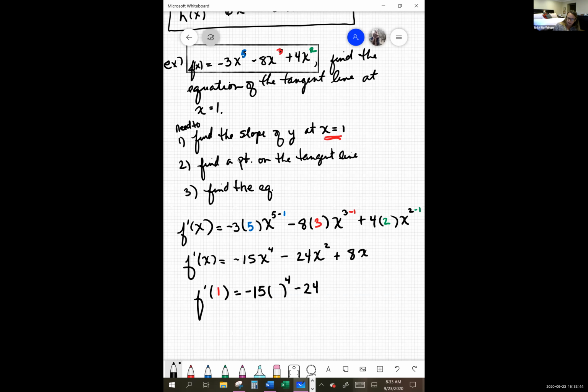You see an x there, put parentheses, we're going to cube that, plus 4. Have an x there, we're going to put a parentheses and then square it. So we got negative 3 minus 8 plus 4. So negative 11 plus 4. That gives us negative 7.